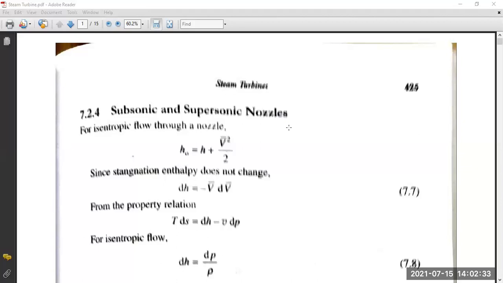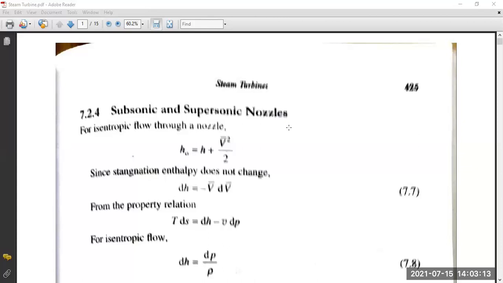So the stagnation enthalpy h0 of the stagnation state will be equal to h, the enthalpy of the fluid in the flowing state, plus V squared by 2, where V is the velocity of the fluid. This is the kinetic energy of the fluid per unit mass. h0 is the enthalpy per unit mass of the flow at the stagnation point, and h is the enthalpy of the fluid anywhere during the flow process, per unit mass.